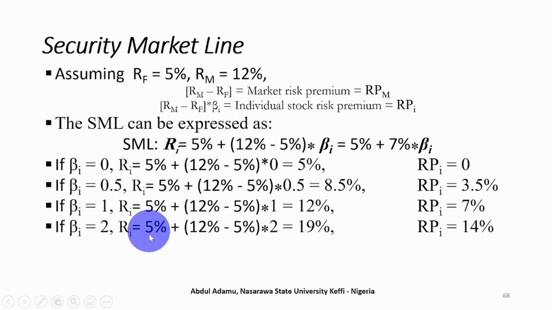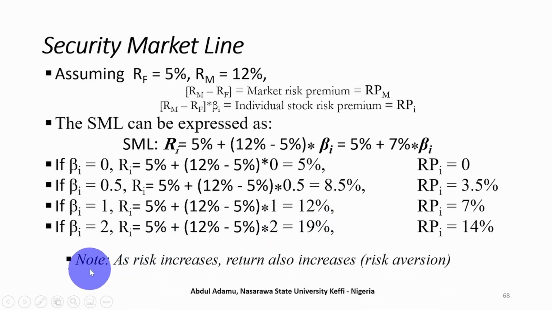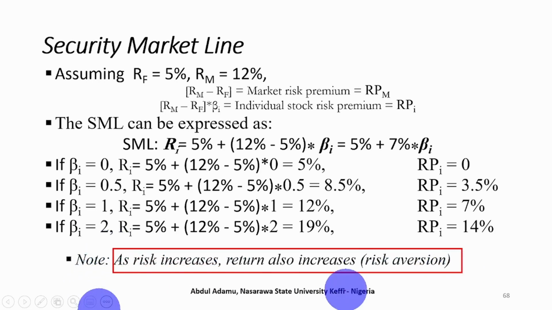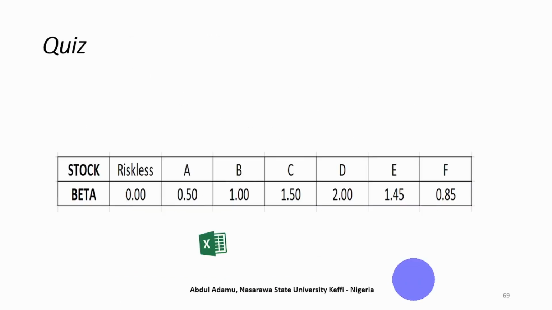When you add it to the 5%, we get 19%. It is important to note that as the risk increases, return also increases, to show the risk aversion characteristic which we have mentioned in our previous lecture.